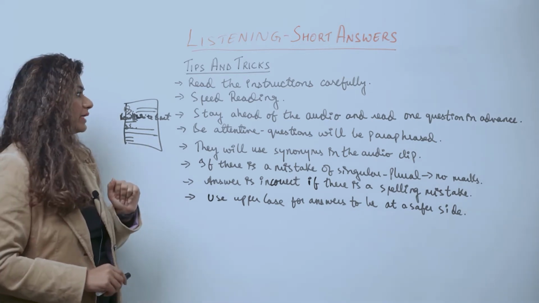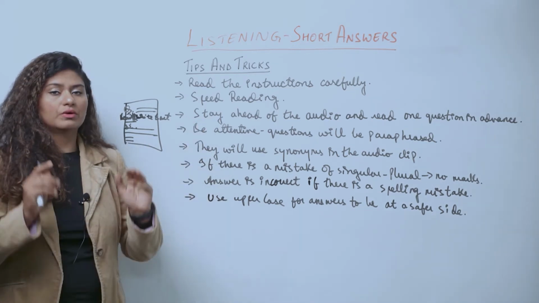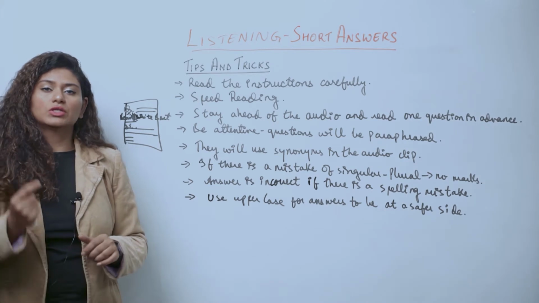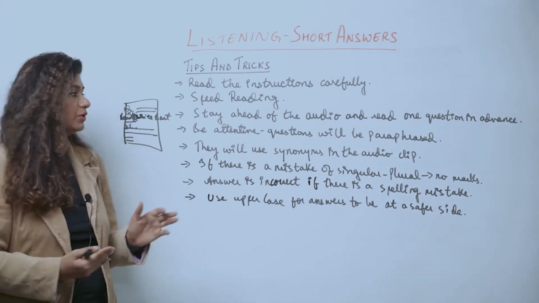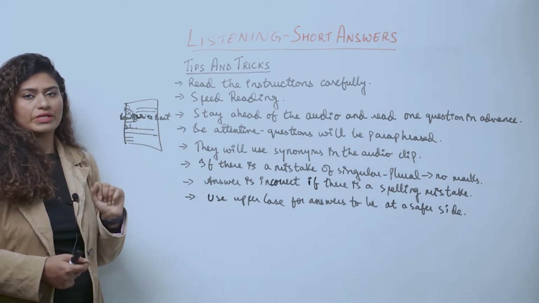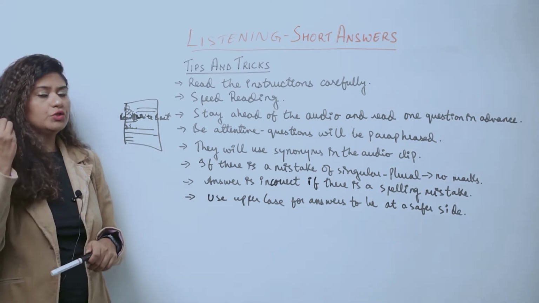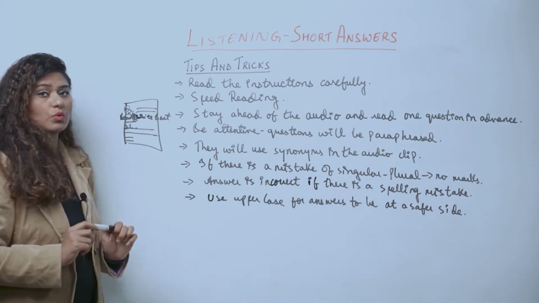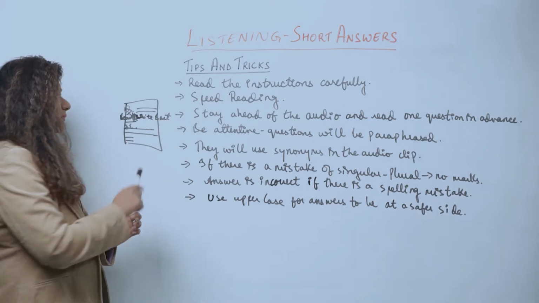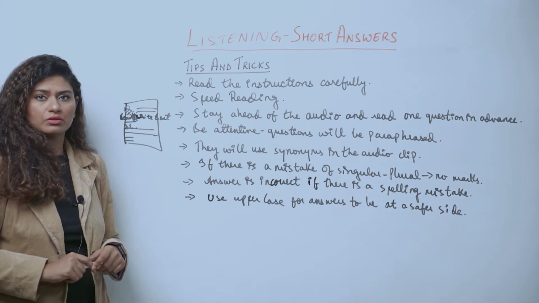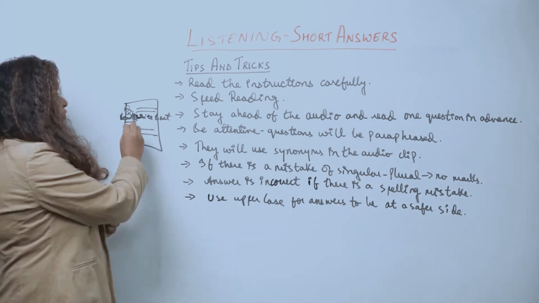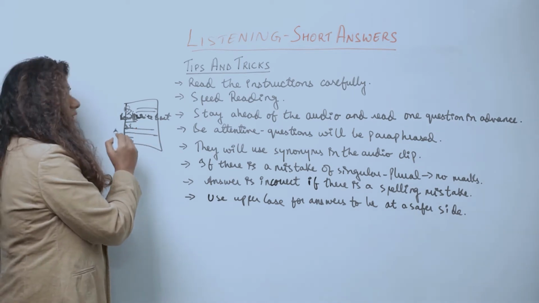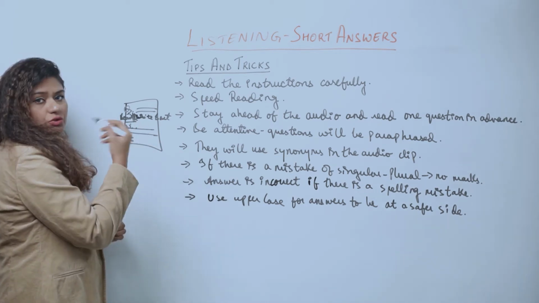Now what do I mean by that, stay ahead of the audio? Let's say, for example, the audio clip is played and you are listening to it. Simultaneously, you are looking for the answer for question number 1. You found the answer and you wrote it on your question paper. Now don't waste time and quickly skim through the second question, so that when the audio proceeds further, you are able to find out the answer to question 2 immediately once you hear it.